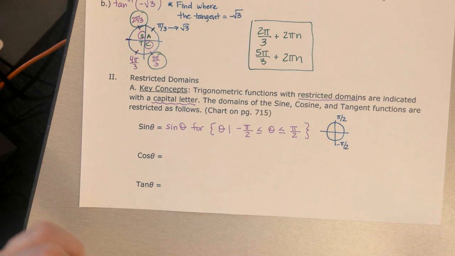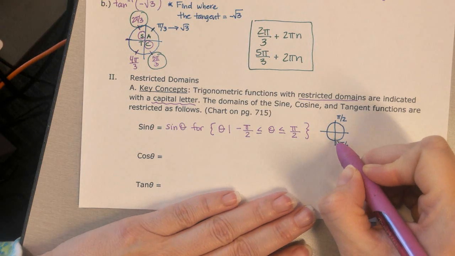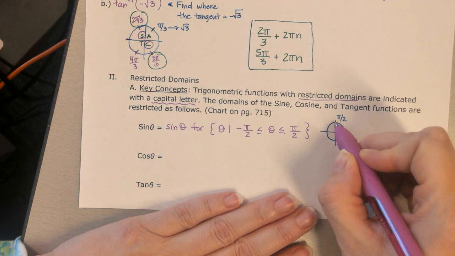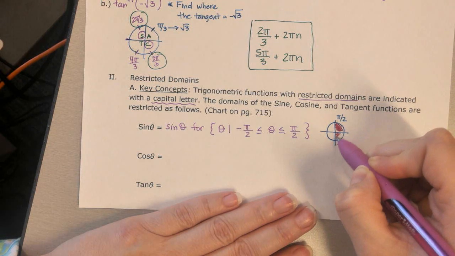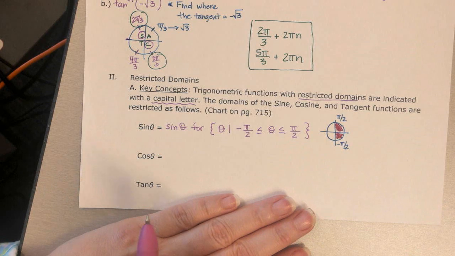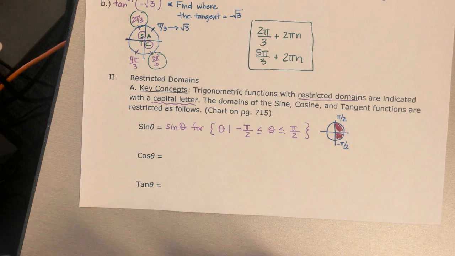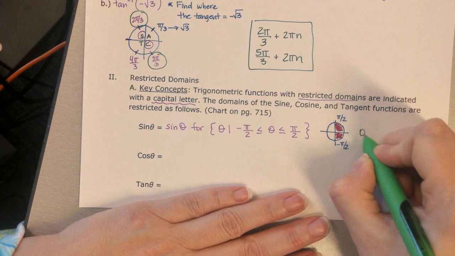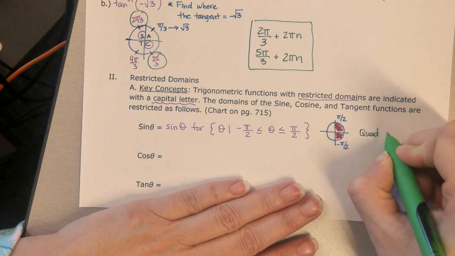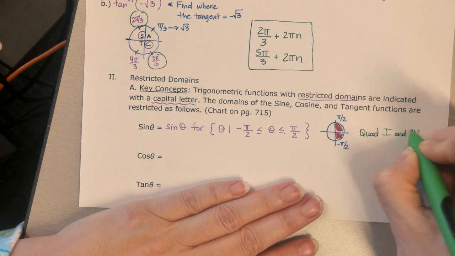Okay, so if this goes from negative pi over 2, if it starts here and goes up, it's going to cover all of quadrant 1 and all of quadrant what? 4. So when it's saying that this is the restriction, what it means is you are restricted to quadrant 1 and quadrant 4.